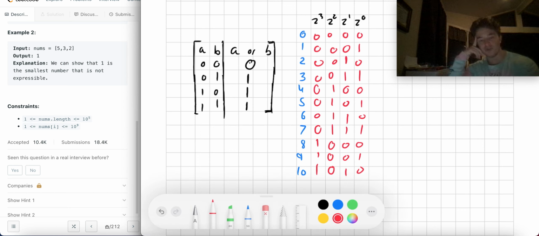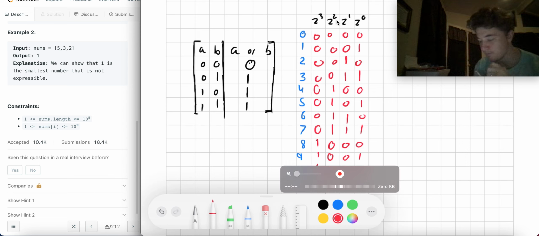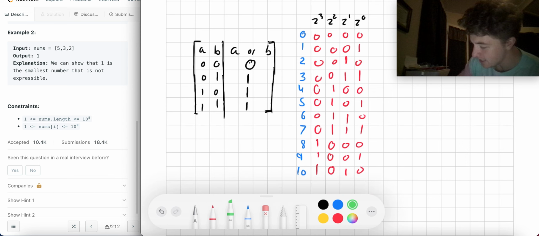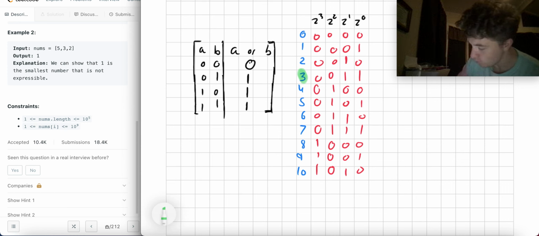So one thing you'll notice is you can represent numbers using the OR of their bases, meaning 3 is really 1 or 2, right?